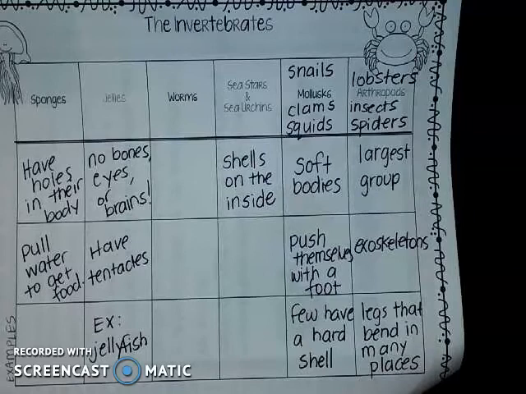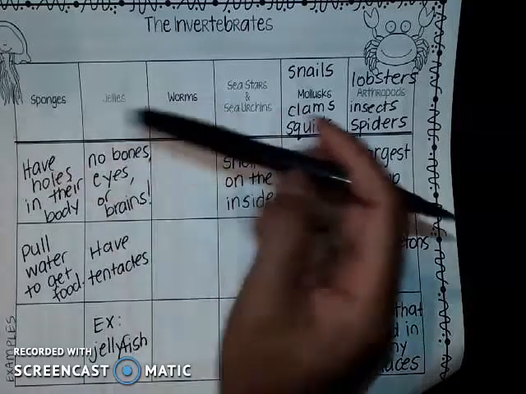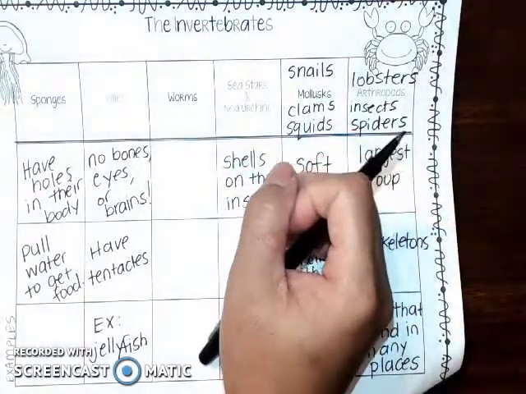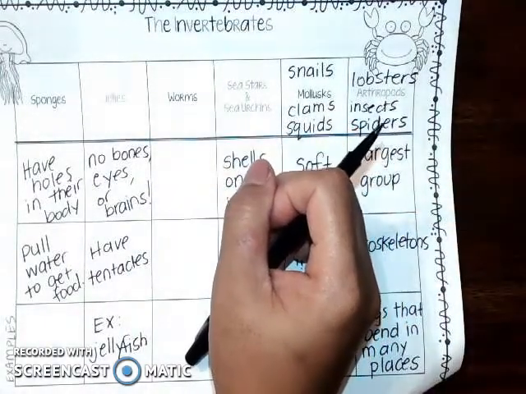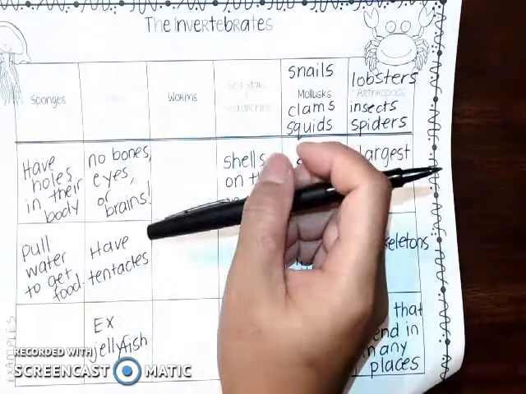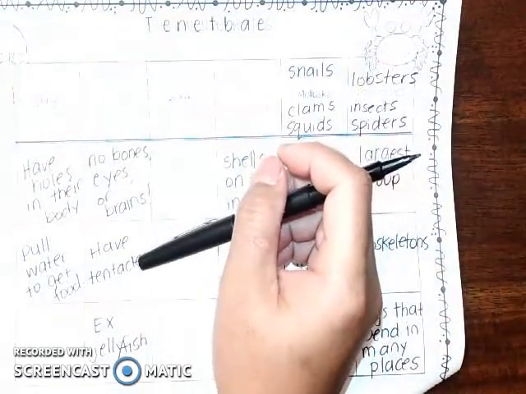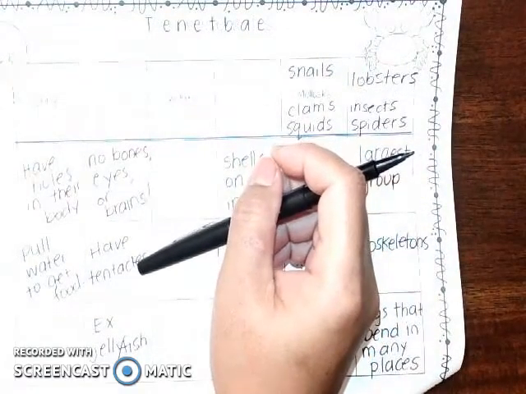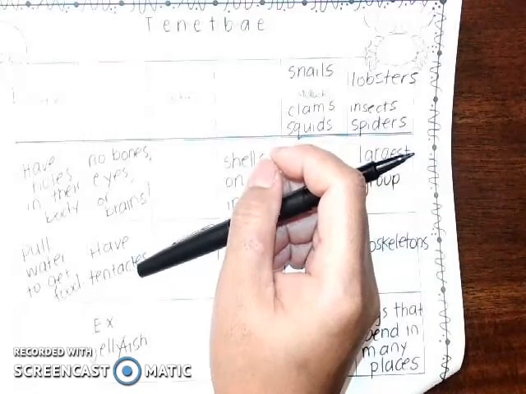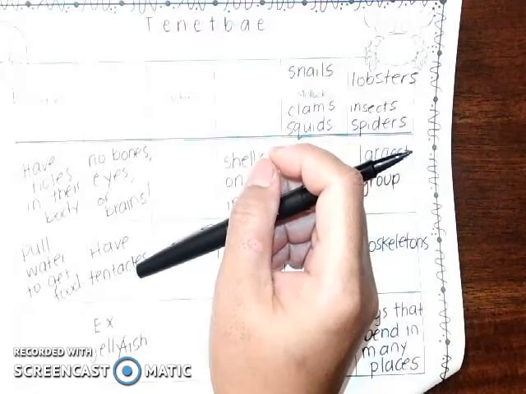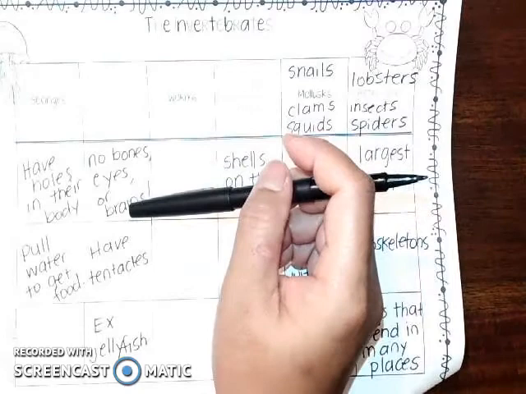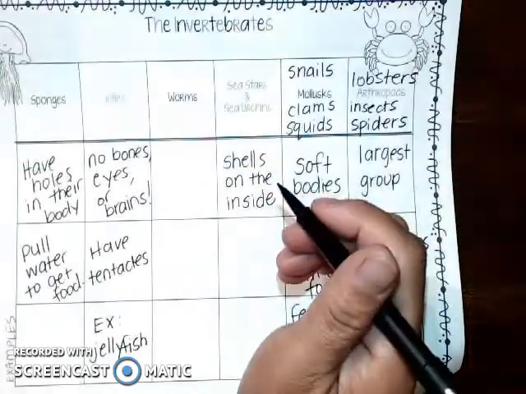And now we are moving on to the last part, the worms, right? I think I know what kind of worm they're talking about. With more than 1 million species, the worm group has no skeleton or protection inside or out. This group is made up of flatworms, earthworms, and roundworms.